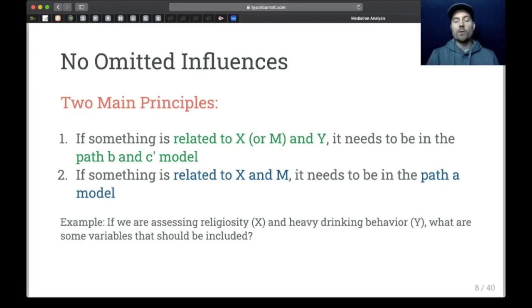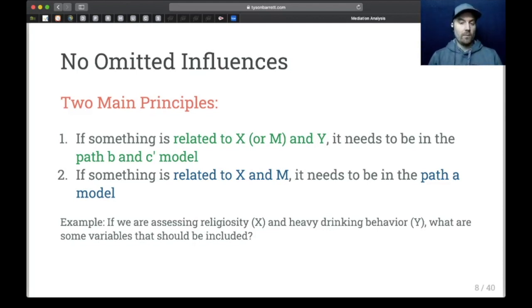And we can go back to the elemental confounds and think about all these things, the fork, the pipe, the collider, and the descendant, and think about any variables that we can think of that are related to both of these, and decide what type of confound it is. And if it's any of them except for the collider, then we're going to include it in the model.